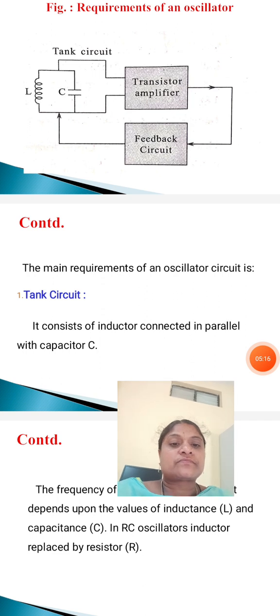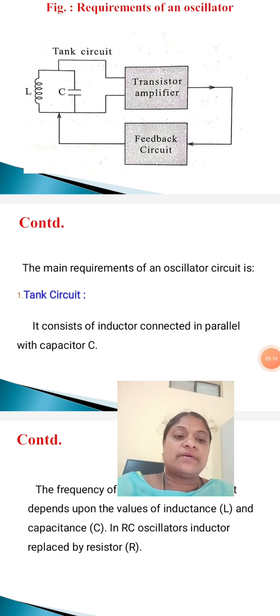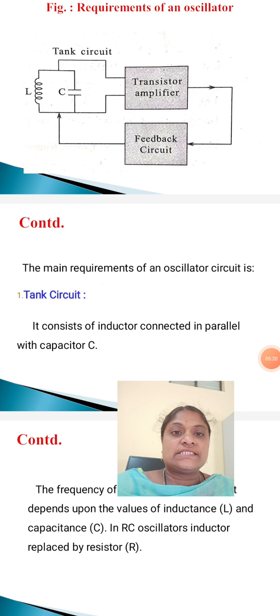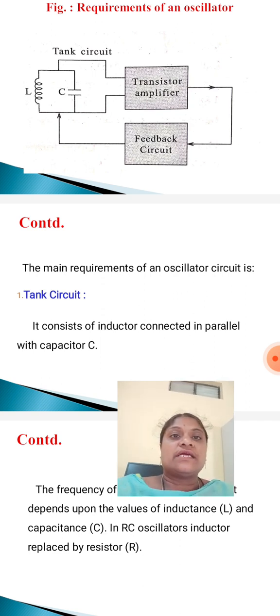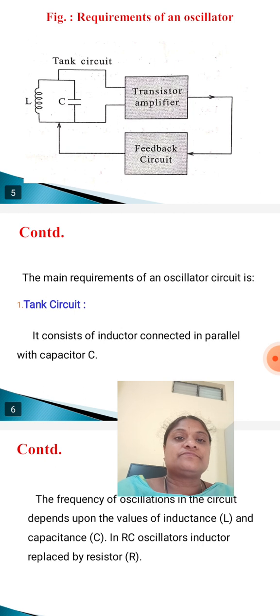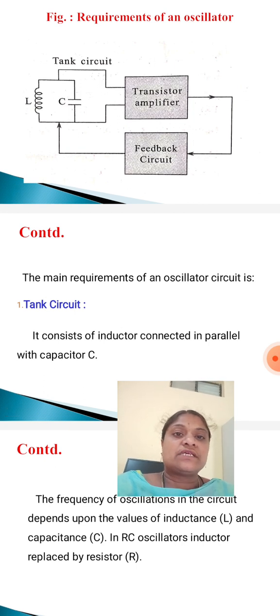Next, the third block is the feedback circuit. What is the purpose of the feedback circuit? Why is it connected in the requisites of an oscillator? The feedback circuit supplies a part of the output energy to the LC tank circuit in the correct phase.